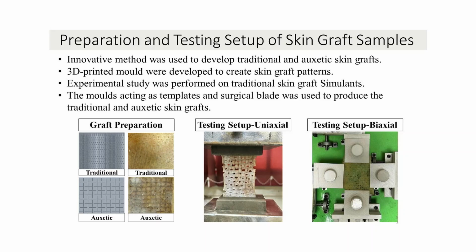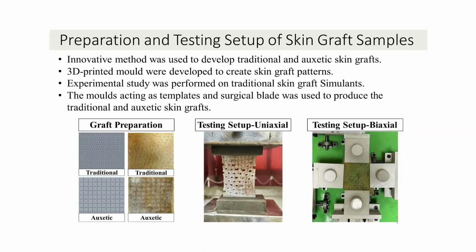And then an experimental study was performed on the traditional skin graft simulants, right? The molds acted as templates and a surgical blade was used to completely perforate the skin at these locations of the cuts, and based on that we got a bunch of properly cut slits, right? This is what you will see for a skin graft which has come out of a meshing device also. Typically you would see a skin sample which has come out of a meshing device having all these cuts.